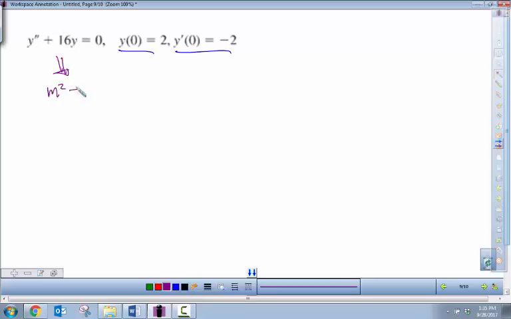So our auxiliary equation is m squared plus 16 equals 0. So we have an imaginary set, complex conjugates for our solutions, and we can write our general equation.